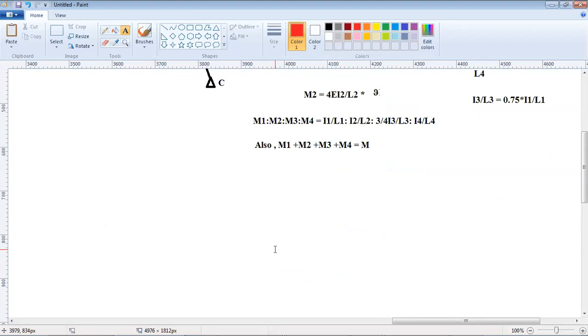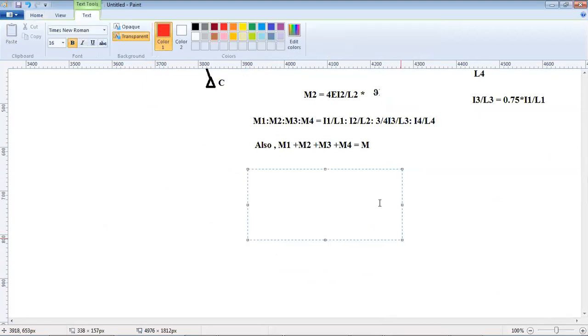So if they are all equal to M, then what do we have? Let us resolve this. You can take the ratio M1 by M, and you can get the amount of moment that's distributed in member M1. Similarly, M2 by M. Now how will this be distributed?